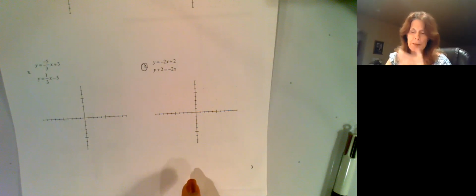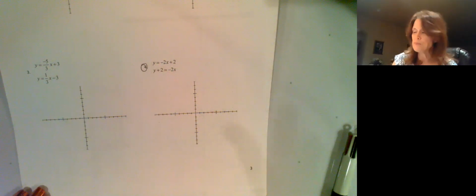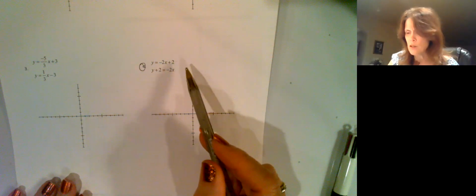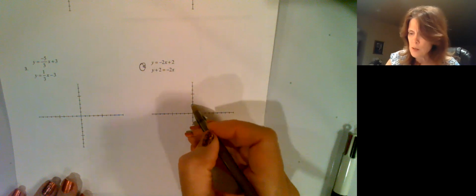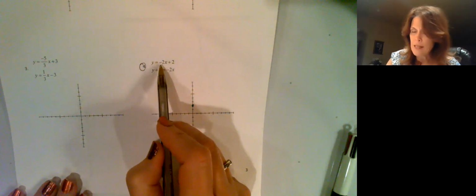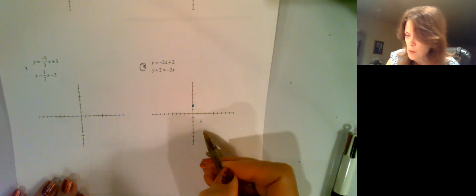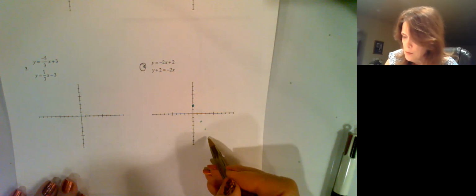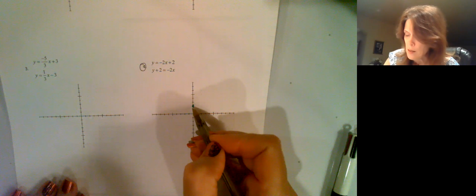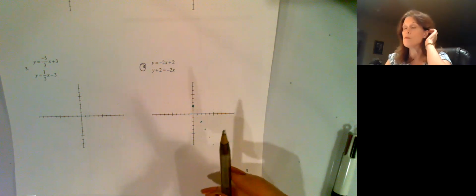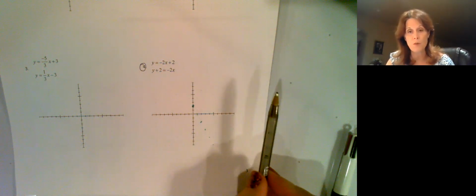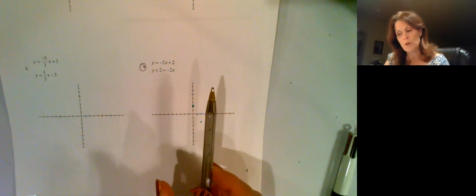This one here: y equals negative 2x plus 2. That one again is already solved in slope-intercept, so I could begin at 2 and go down 2 and over 1. Looks familiar, huh? Just like one we just did. And if I'm going to go in reverse order, we read graphs from left to right, but I want to graph from right to left, so I'm kind of reversing that, right?